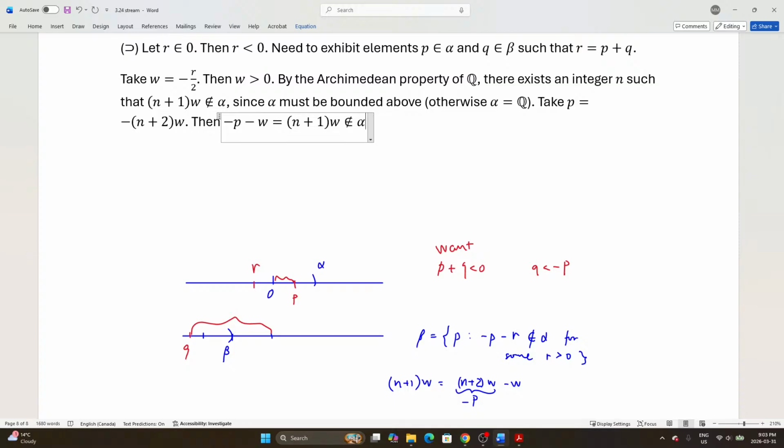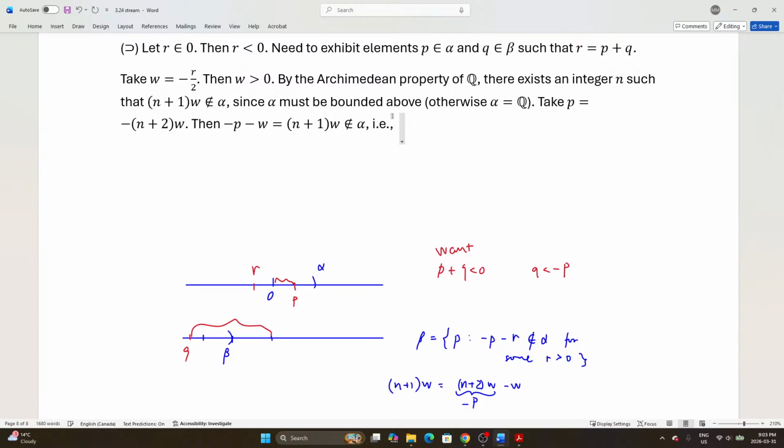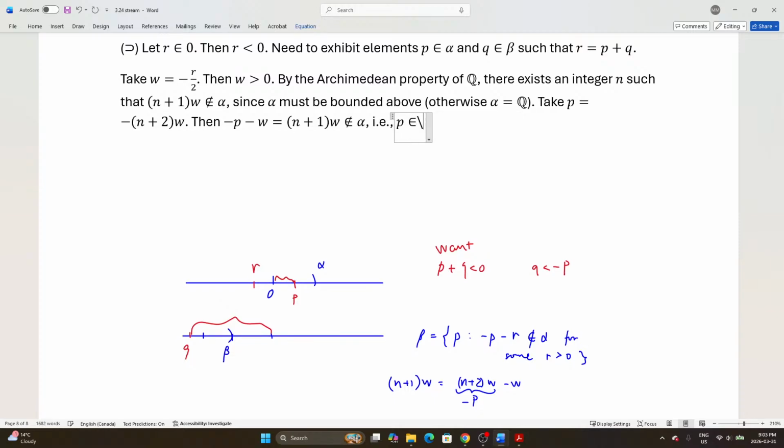So this is not in alpha, and therefore P is in beta.